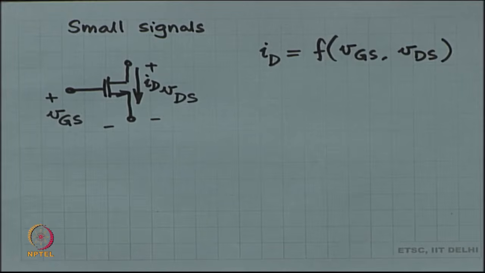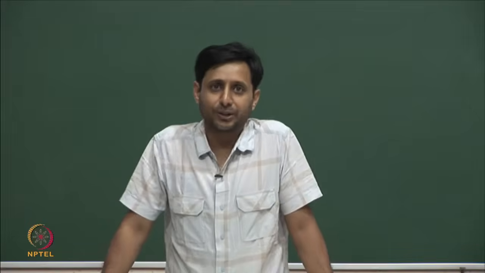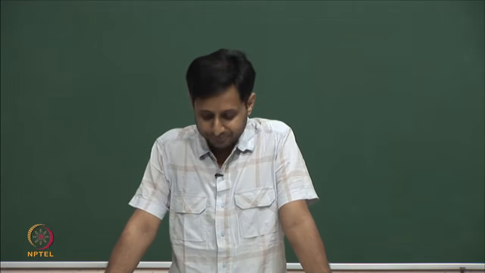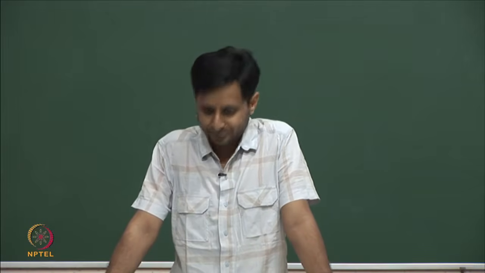There are hundreds of people doing their PhDs to figure out what that f should be. So, it is very difficult to say what it is. In fact, it depends on so many other parameters that it is not worth it. In this course, we are not going to work out what is f, that is not the objective. Do not worry about f.